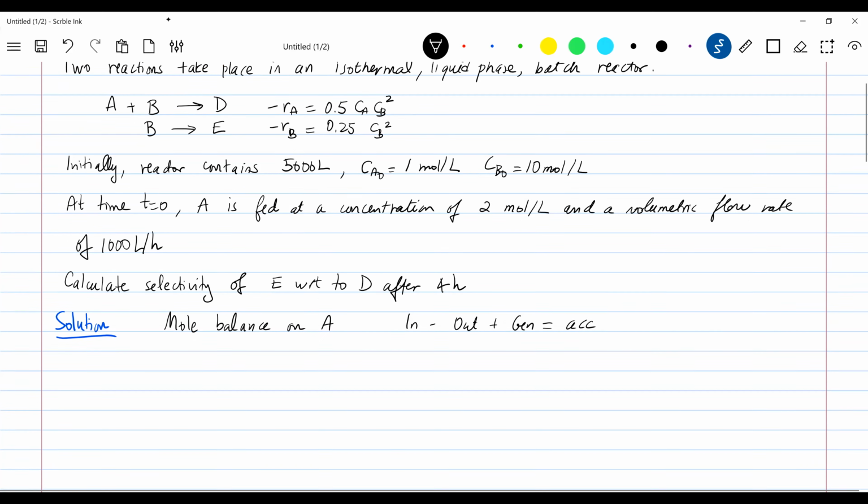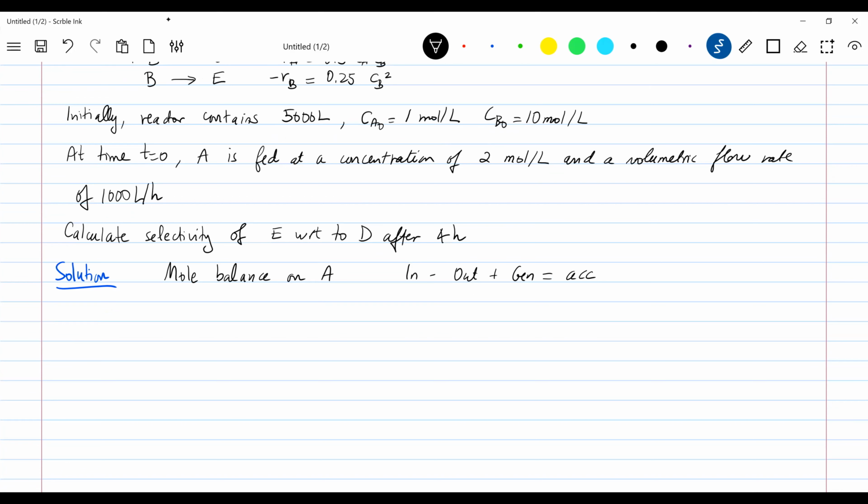What goes out is 0 because nothing's coming out, but in we do have FA coming in. And generation is RA V, and accumulation is dNA/dt, right? So that's our mole balance there.